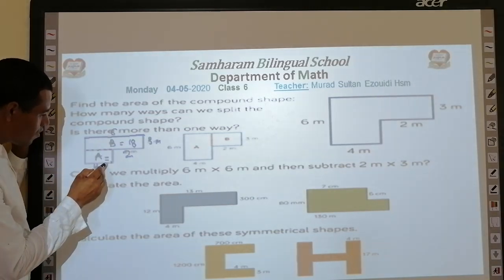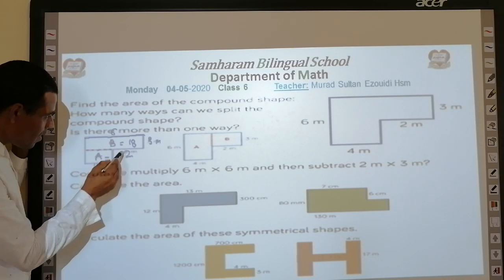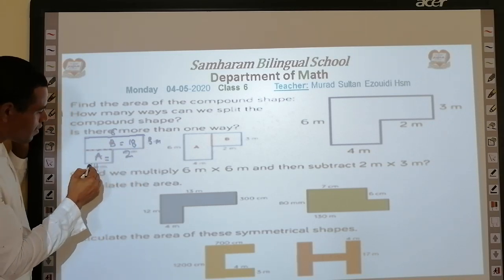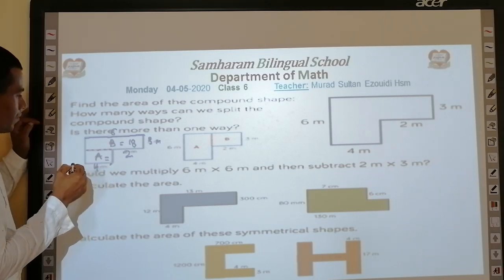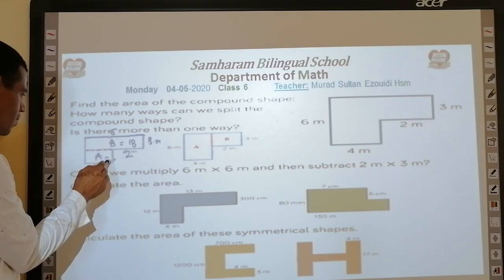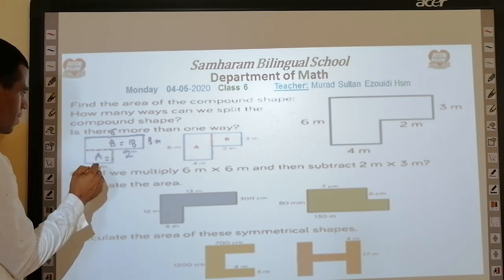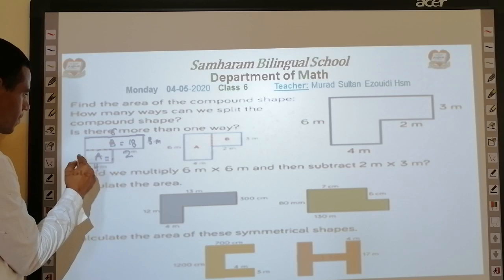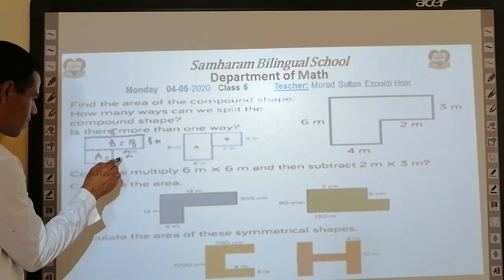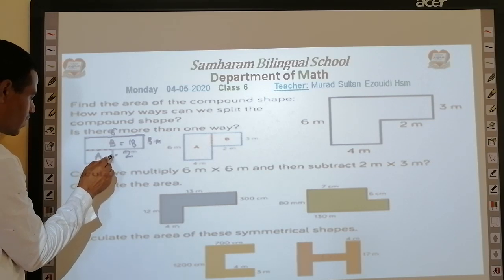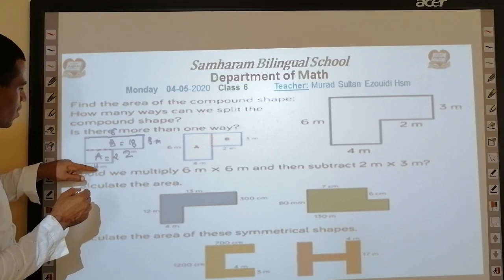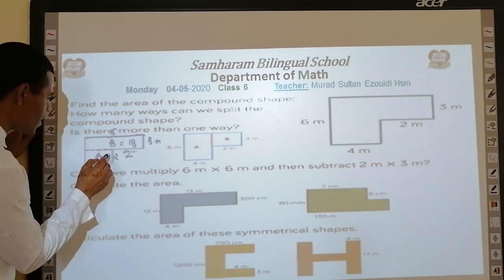But the area of A is what? This is 4, and this is 2. So 4 plus 2 is 6. This is 2, so this one will be 4 multiplied by 2, which gives 8.